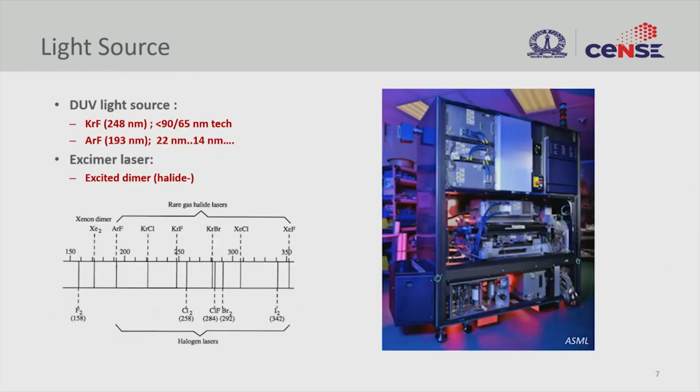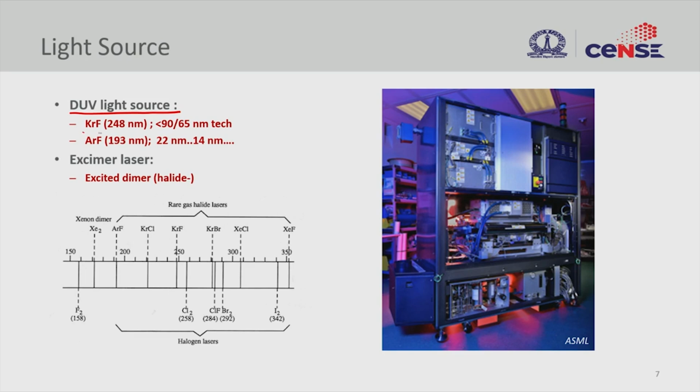So the next thing is how do we reduce the wavelength, right? Wavelength has a direct implication on the feature size, and if I want to reduce my wavelength, how do I do that? I use a deep UV light source. In the previous slide, we saw mercury vapor lamps where the emission in deep UV is very small in intensity.